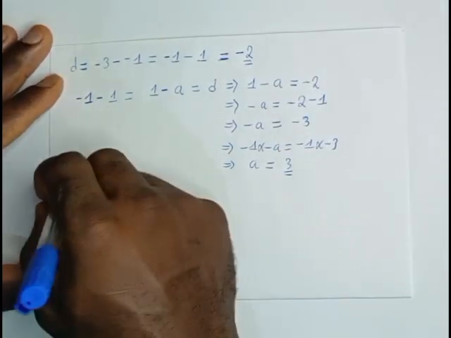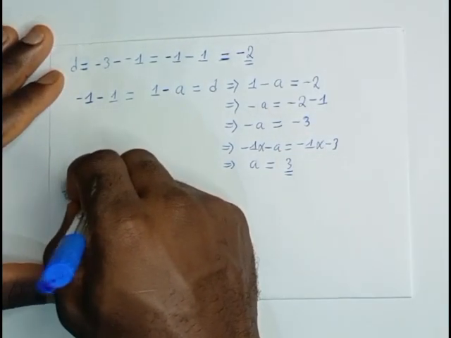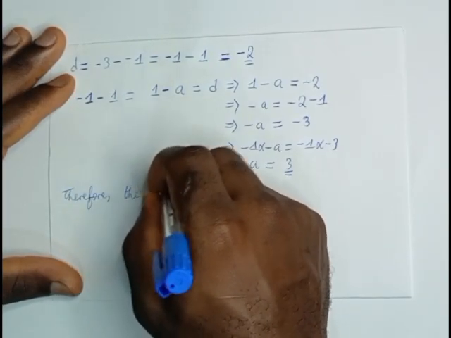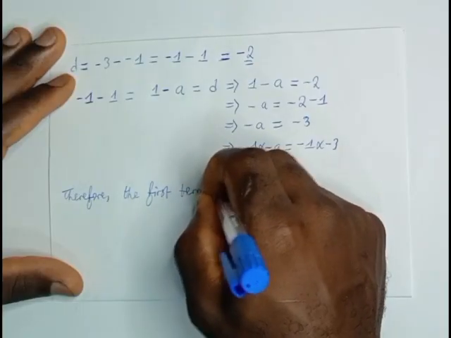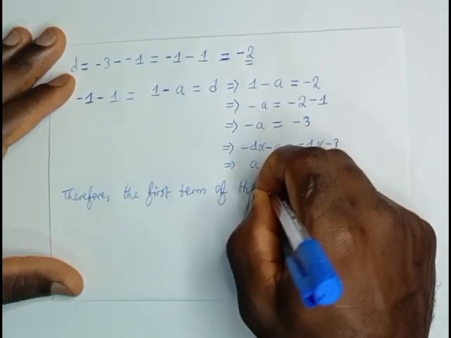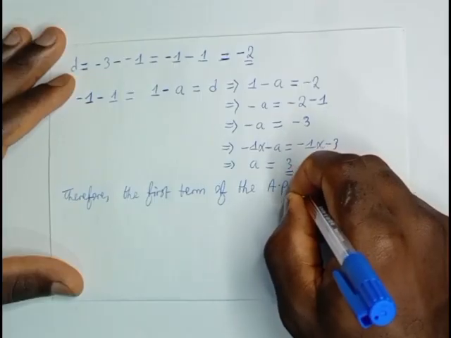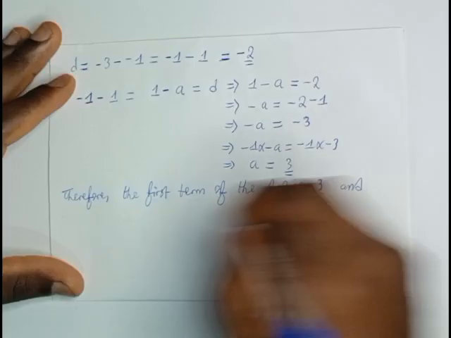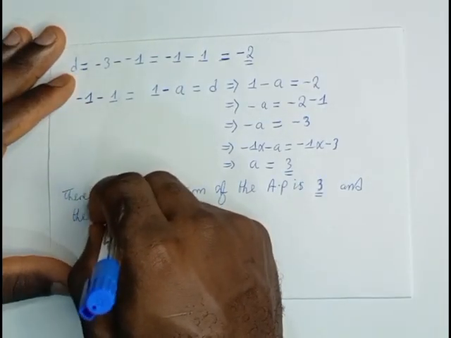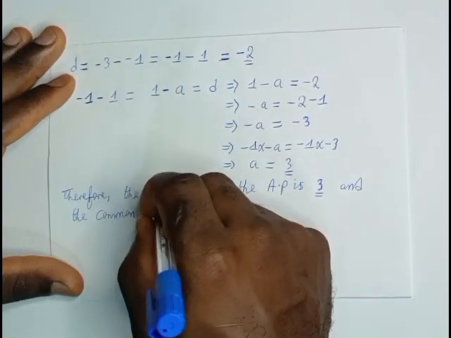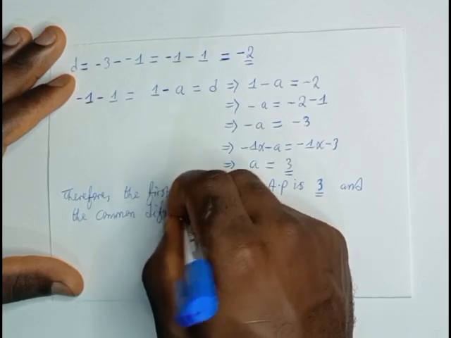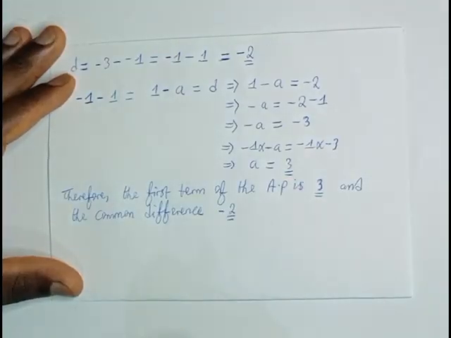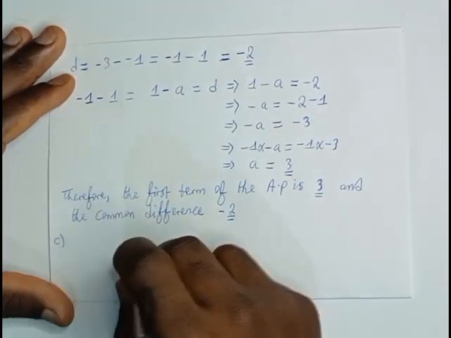Then we conclude, therefore, the first term of the AP is 3 and the common difference is negative 2.